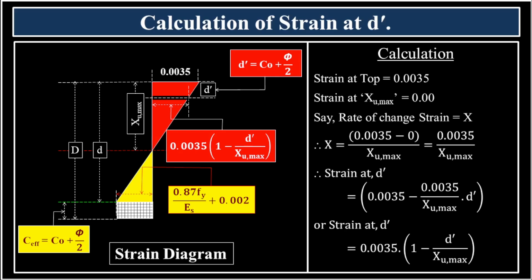This can also be written as strain at d equals 0.0035 multiplied by 1 minus d divided by xu max. This calculation shows how we get the strain value at the location of the compression steel in the strain diagram. Let's move to the next slide for more detailed explanations and calculations.